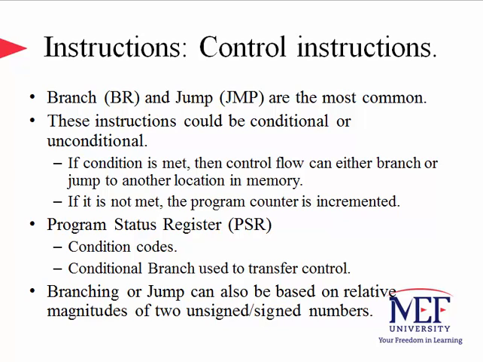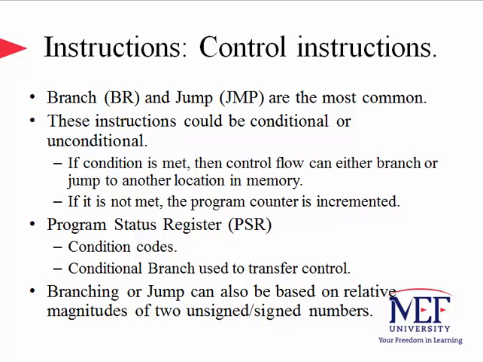For example, branch and jump are the most common of all the control instructions, but there are also others, like calling a procedure, returning from a procedure, compare and test. Branch and jump instructions can be either conditional or unconditional. A conditional instruction checks a condition before altering the corresponding program counter value. Sometimes a program status register is used, and it contains condition codes. It's nothing but a sequence of status bits.